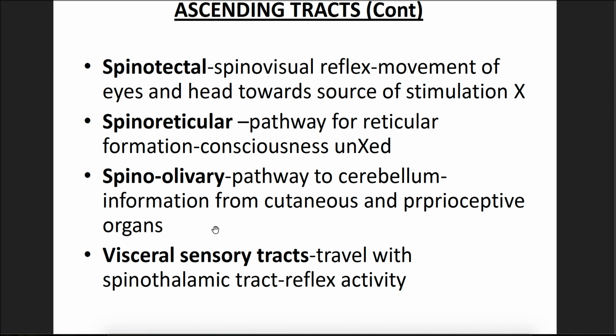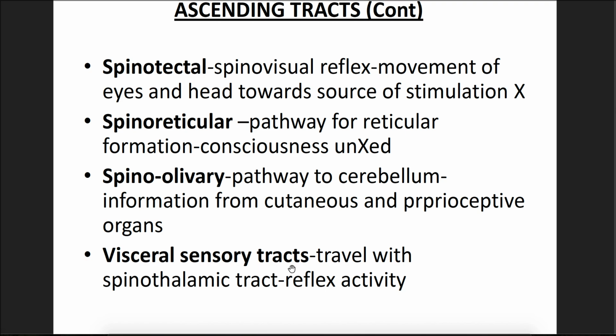Spino-olivary. In the cerebellum, there is a collection of nuclei called the olivary nuclear complex. So spino-olivary means that these fibers travel up in the spinal cord and go to the cerebellum, taking information from cutaneous and proprioceptive organs, and it is uncrossed because everything going to the cerebellum is ipsilateral.